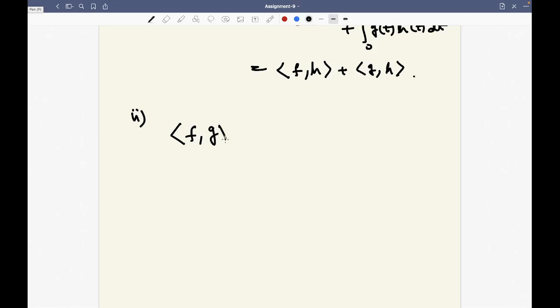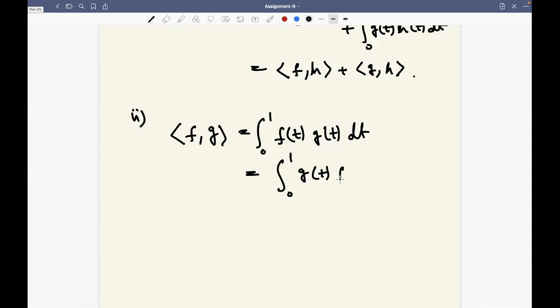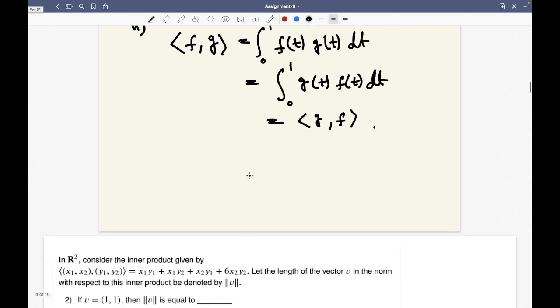So the inner product of f, g is integral 0 to 1 of f(t)g(t) dt. What will this be? You can write this as g(t)f(t) dt, right? So this is the same as g inner product with f. So the inner product of f, g equals the inner product of g, f. So this satisfies condition number 2.